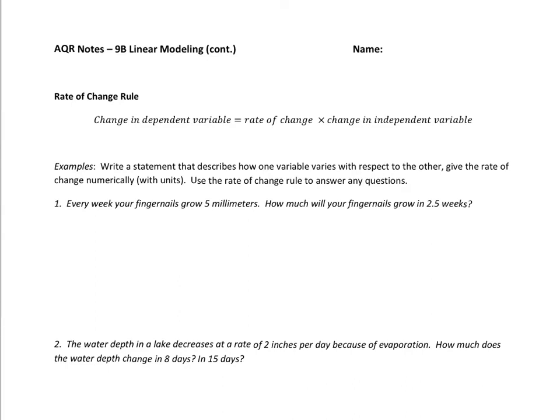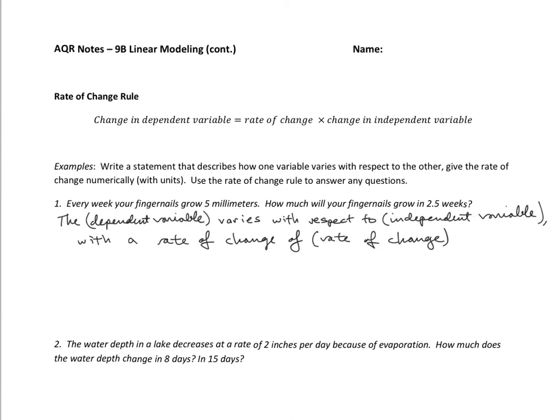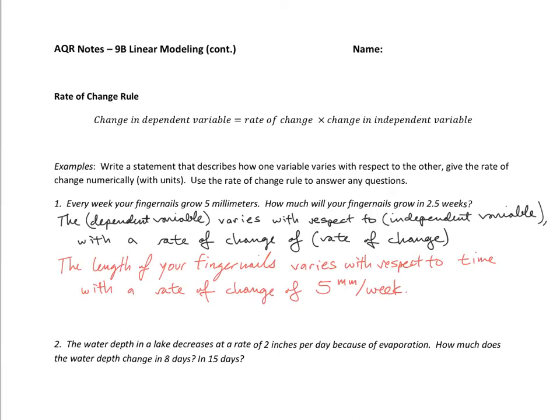So the statement will look something like this: the dependent variable varies with respect to the independent variable, comma, with a rate of change of the rate of change that's given. So for our first example, we can answer like this: the length of your fingernails varies with respect to time with the rate of change of 5 millimeters per week.